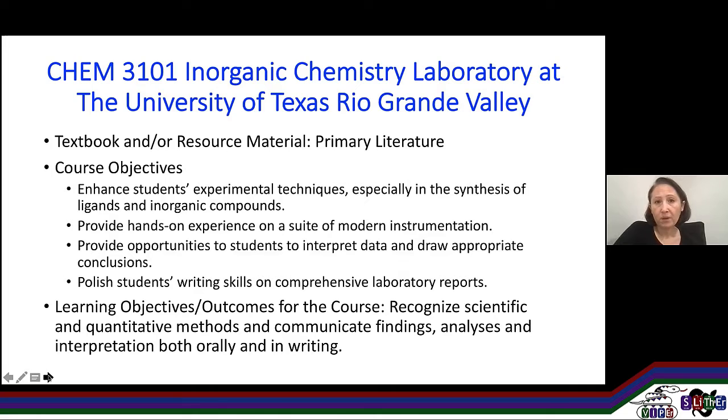So whenever we have our data, every group's data is slightly different. So we made copies for the whole class, so they actually compare and share experiences. And then finally, the writing skills. So I share with them several articles at the undergraduate level on how they should start writing and thinking about writing.